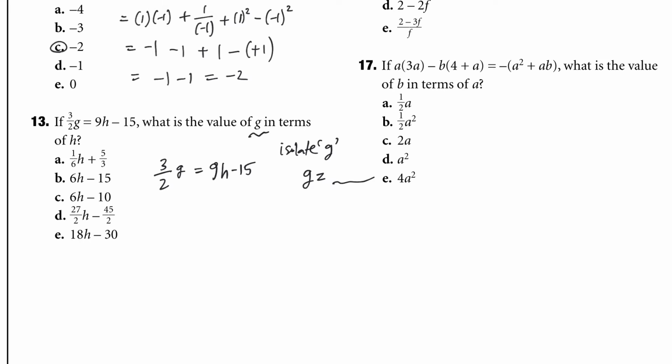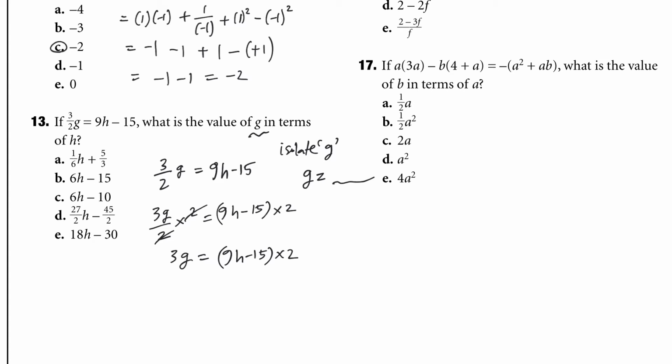How do I do that? First, I can get rid of the 2 by multiplying 2 to both sides. Why? Because then I can cancel this out and the 2 disappears from the left-hand side. So I have 3g is equal to 9h minus 15 times 2.